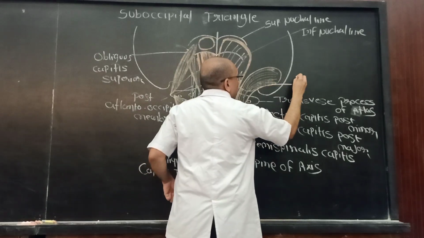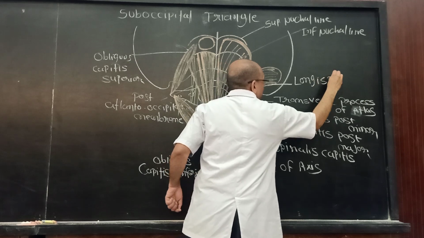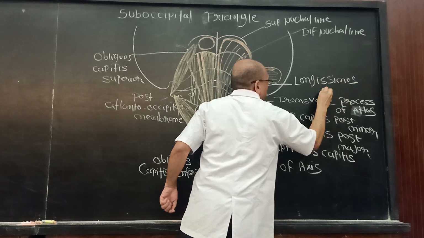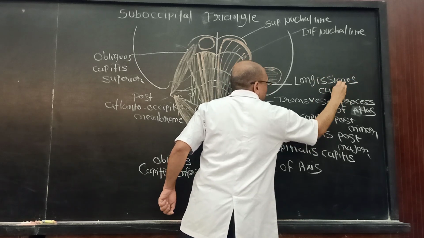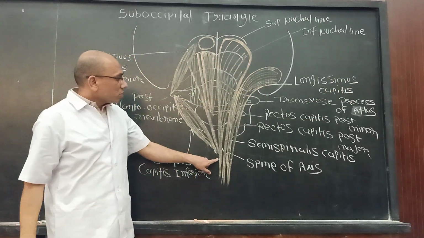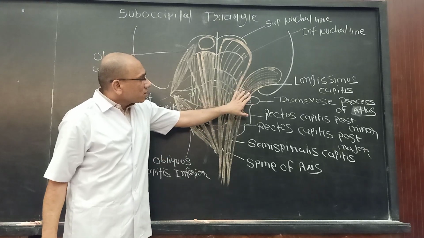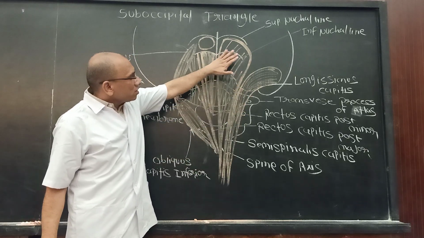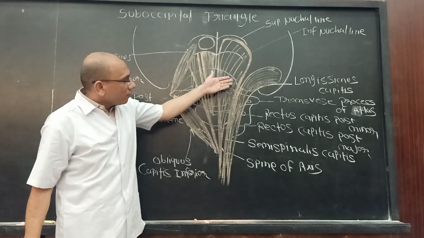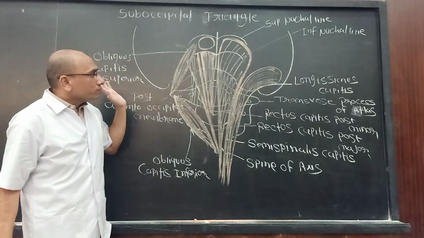So these two muscles, on medial side semispinalis capitis, and on lateral side longissimus capitis, form the roof of this suboccipital triangle. When we cut and reflect these two muscles, we can identify this suboccipital triangle.